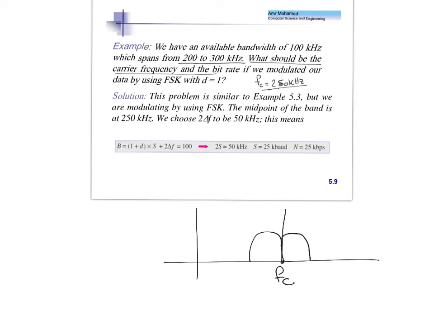So each symbol will have, this is F1 and this is F2, right? So F1 and F2 are the frequencies for the different symbols, but still the composite signal has one carrier frequency, which is always in the middle of the bandwidth. Clear?